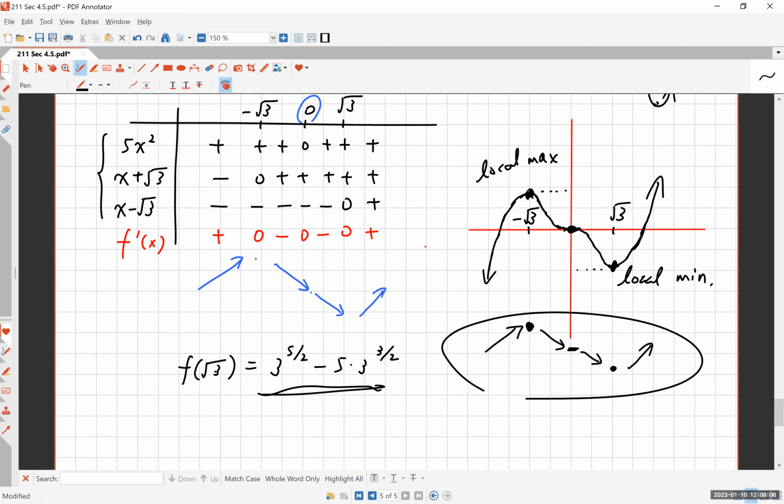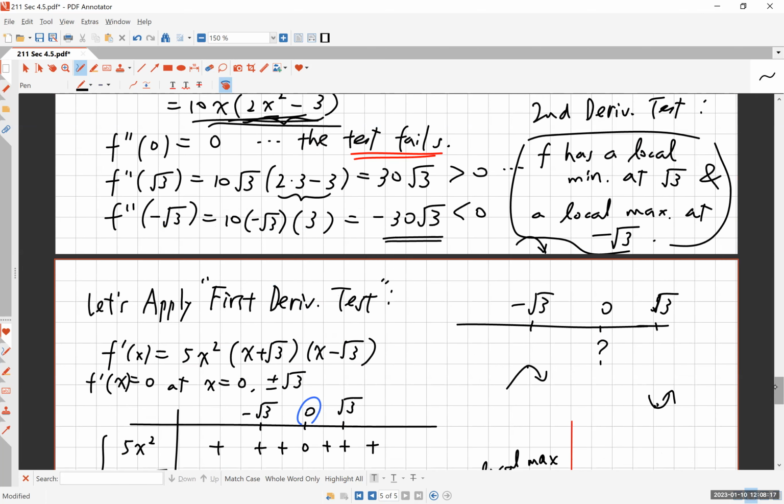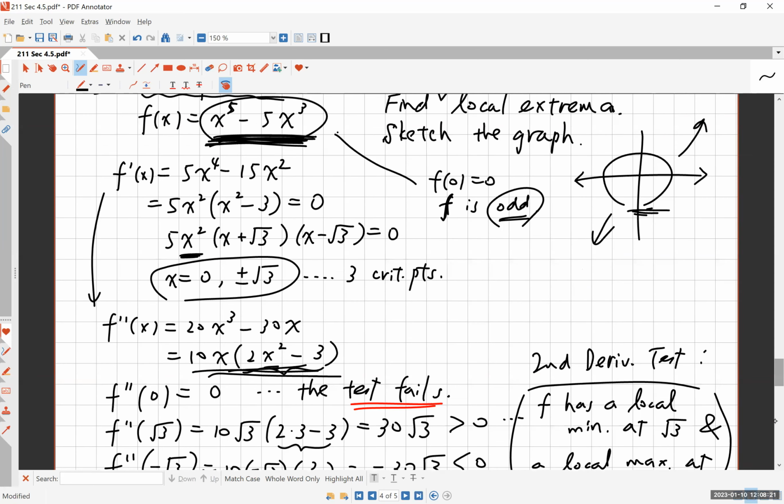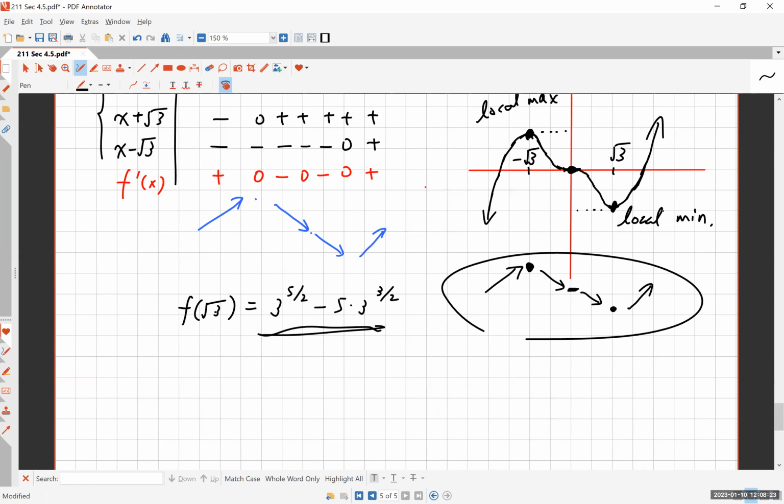And if you want to sketch this more accurately, of course, you can plug in some numbers and plot some points and do all that. But again, you see how the fact that this is an odd function sort of helped us out, because just drawing one side, the other side is going to be very similar.